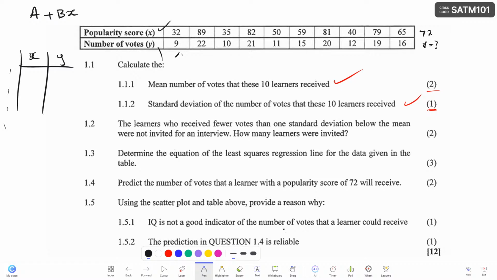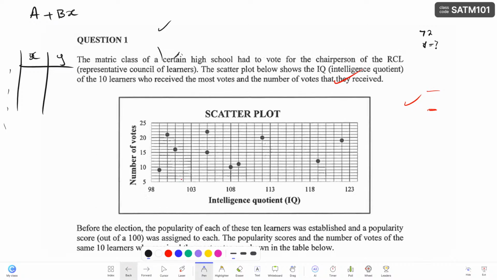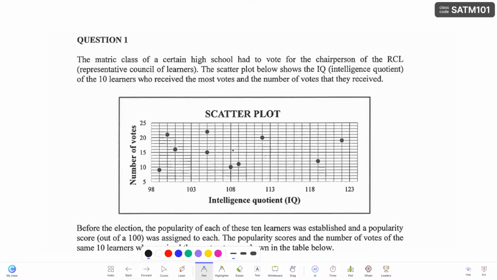It's not a good indicator just because the data is scattered all over the table. Also, you can check the correlation of this scatter plot, which is going to be low. Why? Because the data is scattered all over. So that's the reason. I don't know how you can put it, but the reason for this not being a good indicator is because the data is scattered all over this table.